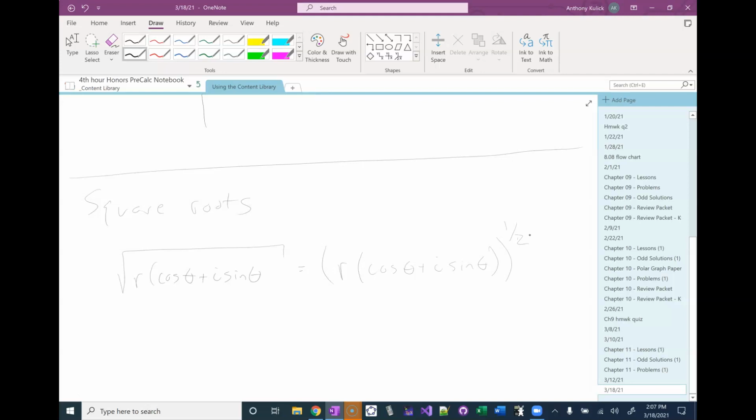Everybody agree with that? Now I'm just going to use the previous theorem because 1 over 2 is an exponent, is it not? So that's just going to be r to the 1 over 2, cosine theta over 2 plus I sine theta over 2. But that's not quite right. Why not?